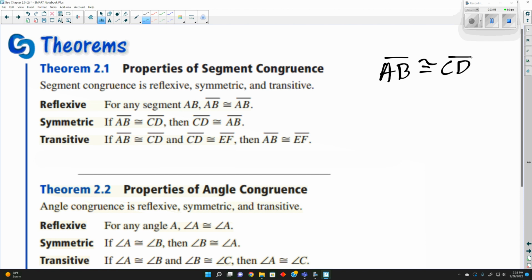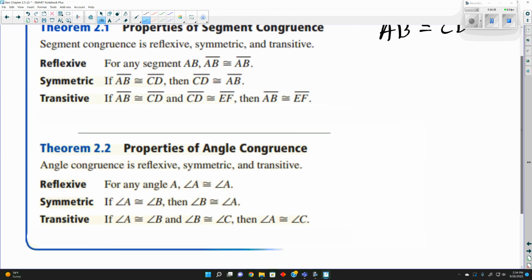To flip this just by using the equality symmetric property, we would have to convert it to measures, because our symmetric property of equality states that AB's length is equal to CD's. So to use that, we would have to convert it from the segments to their lengths, then flip it, then convert it back. So this here is really just letting us say that these two are congruent and we can flip it. We're talking about the segments themselves, not their measures.